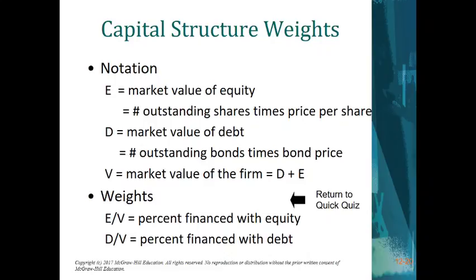And the V is the market value of the firm, which is D plus E, debt plus equity. And so the weight of equity is the equity divided by the market value of the firm, and the weight of the debt is debt divided by the value of the firm.